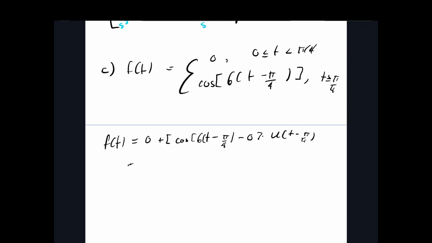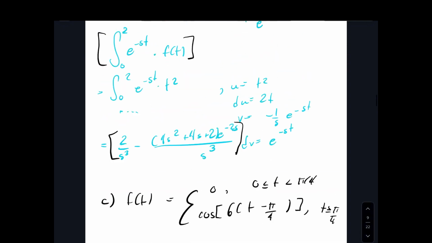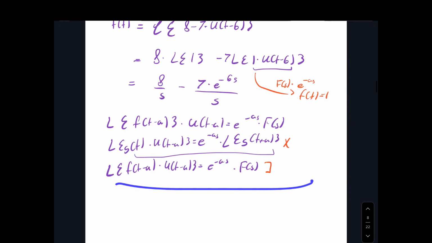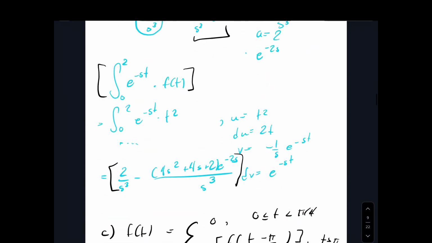And this all just equals, you're going to end up having to take the transform of this, which is cos 6t minus pi over 4 times u at t minus pi over 4. Okay, and this is perfect for our formula. Our formula being this one right here. So this is exactly what we wanted, and you could literally just plug it in.